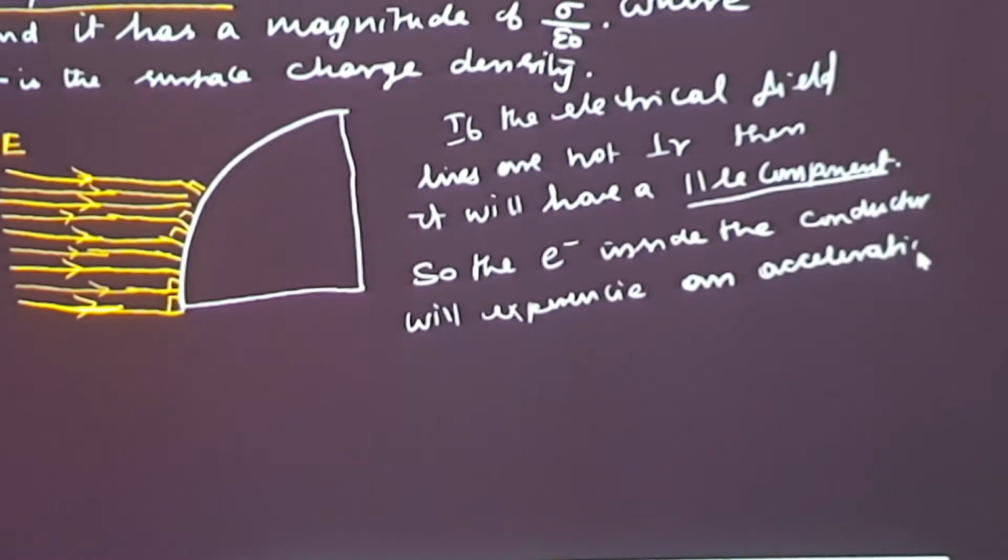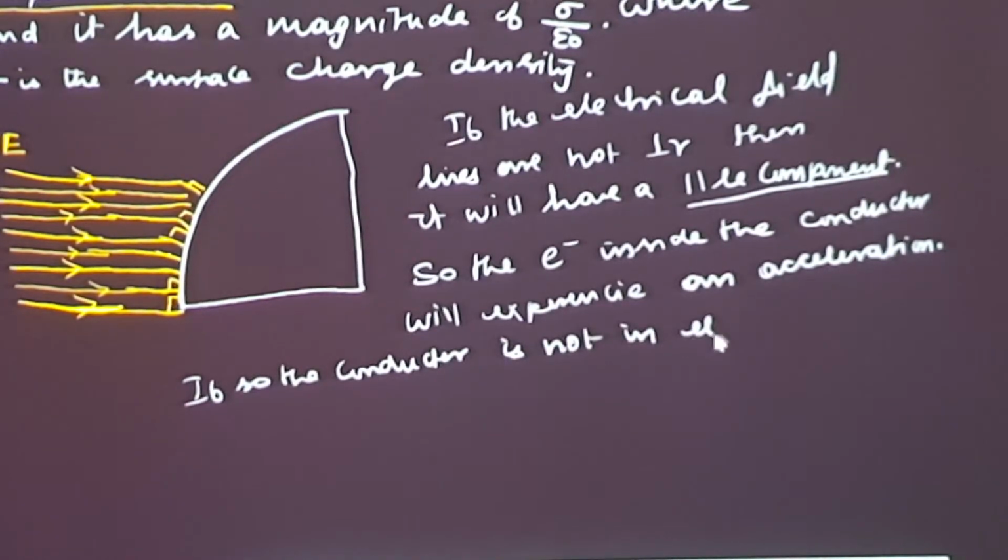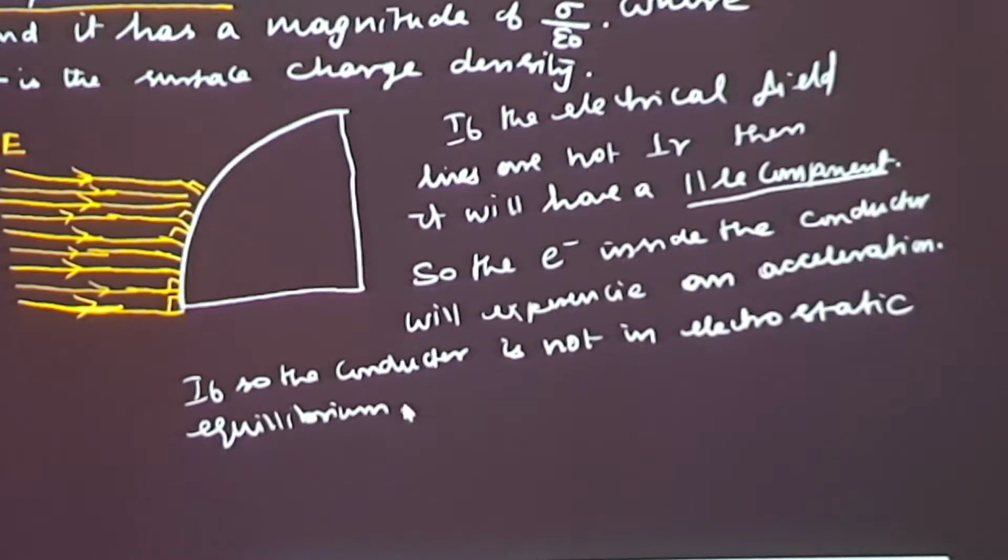If the electrons get accelerated, then the conductor is not in electrostatic equilibrium, because the electrons will move in a particular direction.